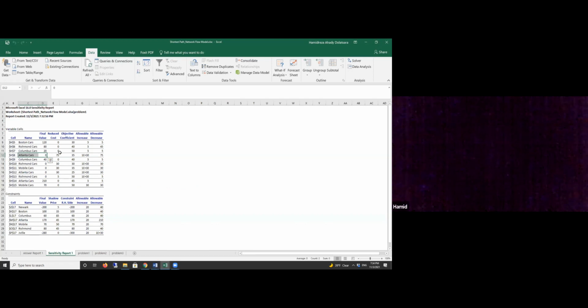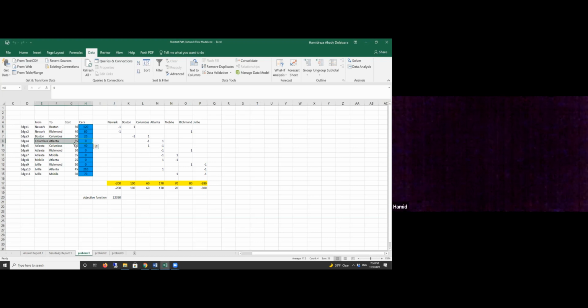For example, the reduced cost for Columbus to Atlanta is 75, but the cost is just 35. It means you should even pay something to make that link feasible. So this helps you think about policies, how you can invest in or provide special policies for some points to be included.